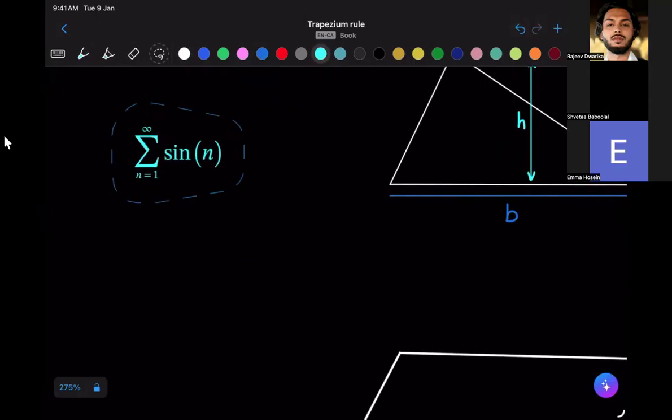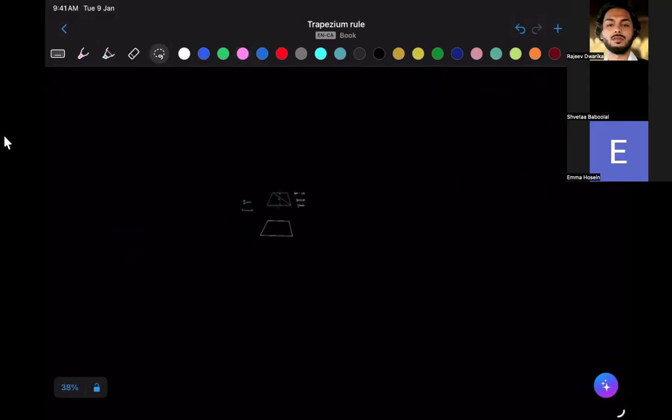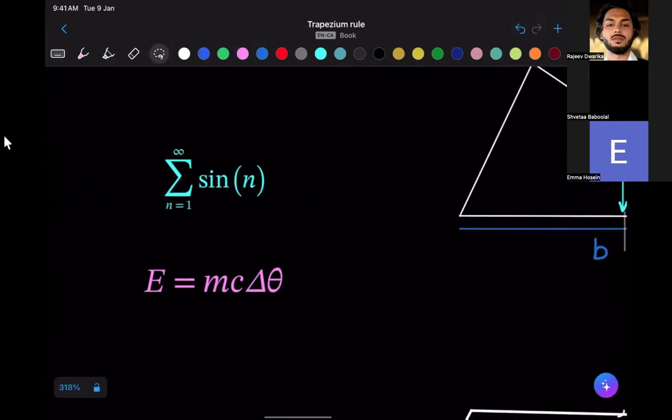That's so cool. Gorgeous. I could do any color I want. Let me just say E is equal to MC delta theta, right? This is so cool. How does it know? Oh my God.